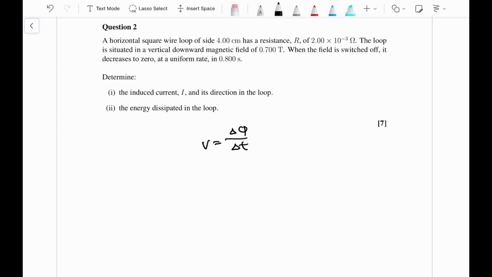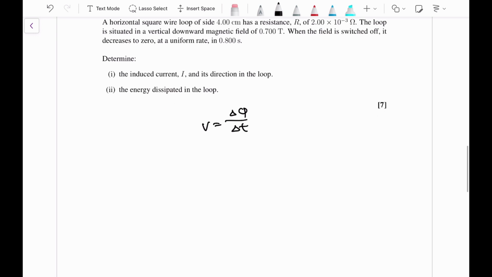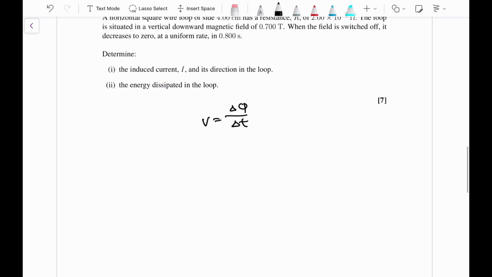Okay, so let's see what we are given. First of all, we were given the side length of the horizontal loop, and that it is a square, so therefore we can calculate the area. And then we were also given a resistance, which we can utilize to calculate the current from the voltage. And then we are given the magnetic field, and we are also given a change of the magnetic field, which is really convenient in this case.